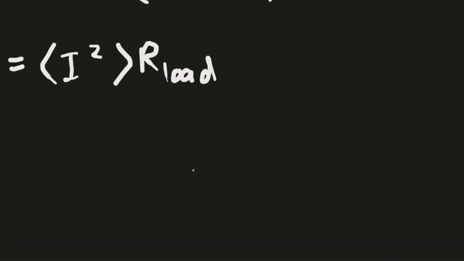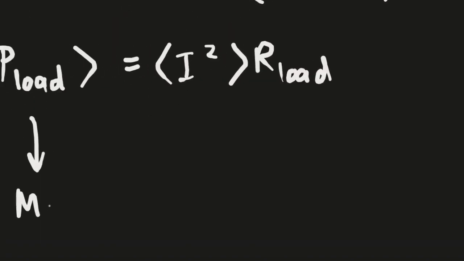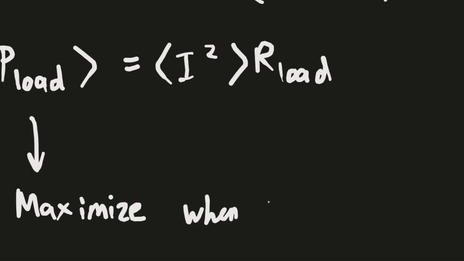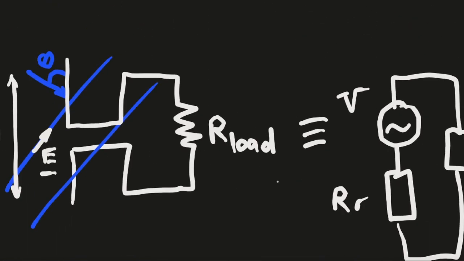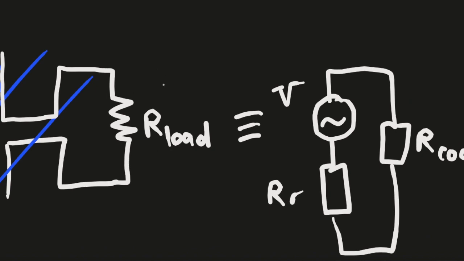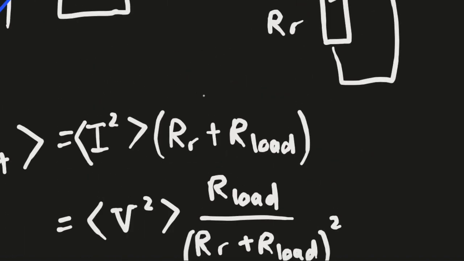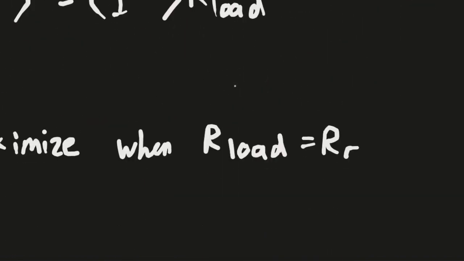So what we'll see is that we maximize this when we match the load, so when the load resistor is the same as the radiation resistance. You can guess this would be the case, because let's say my load resistance is 0, then obviously I'm not delivering any power. If my load resistance is infinite, then there's not going to be any potential difference across it, so again it won't have any power. And if I switch the position of these two, I would expect it to be maximized when our load is R_rad by symmetry.